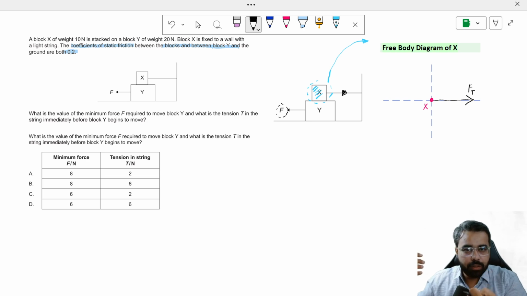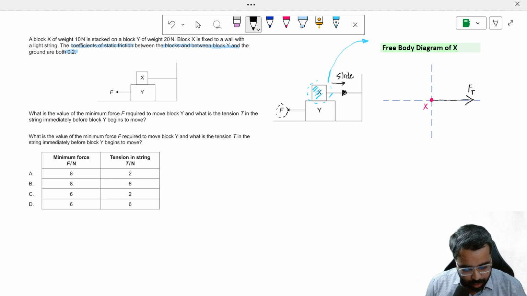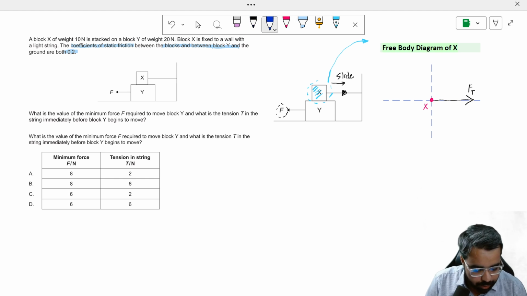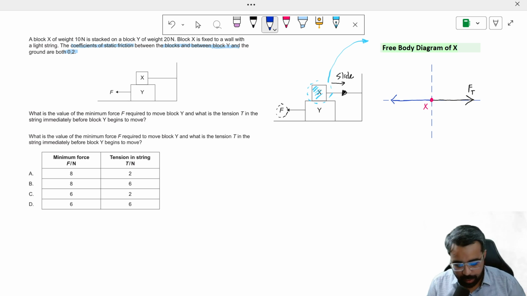The tendency of block X is to slide in this direction. So to counter this sliding effect, the force of friction must be in the opposite direction, and to keep it at rest the force of friction must be in this direction. This is a force applied by Y on X. I'm using the small letter f.